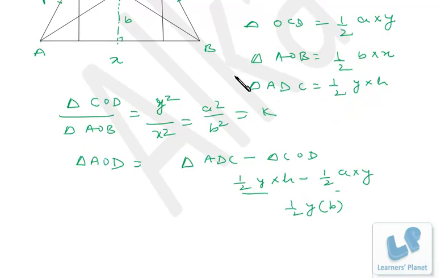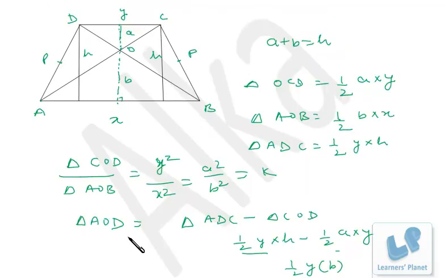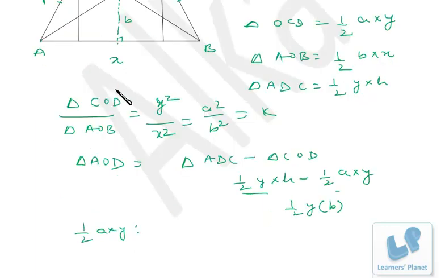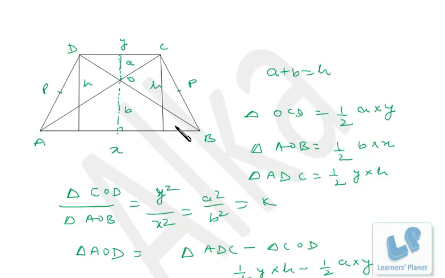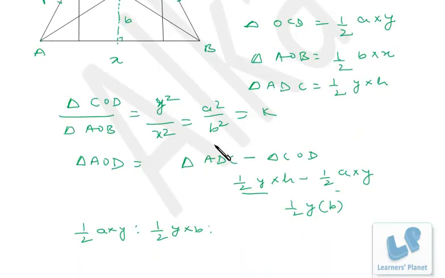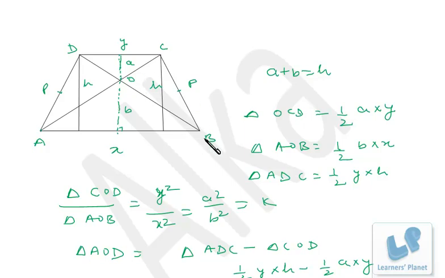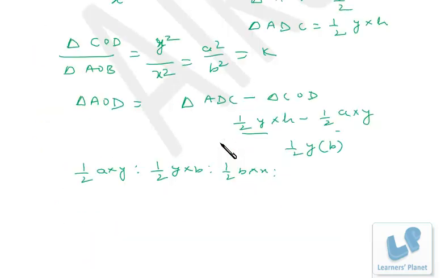COD, that area is half of A into Y, is to the area of AOD, that's half of Y into B, is to the area of AOB, half B into X, and the area of OCB, that's again half A into Y. So that's AY is to BY is to BX is to AY.